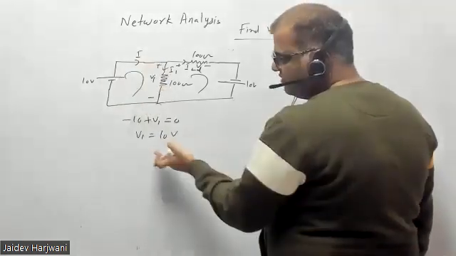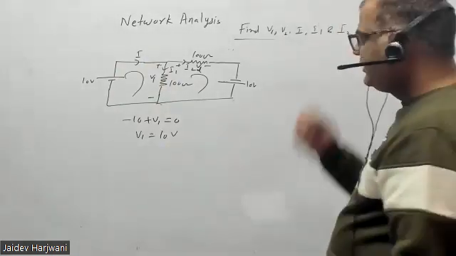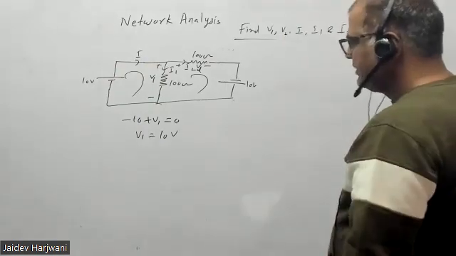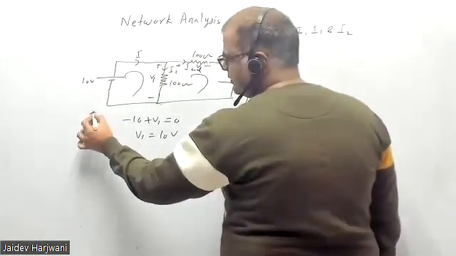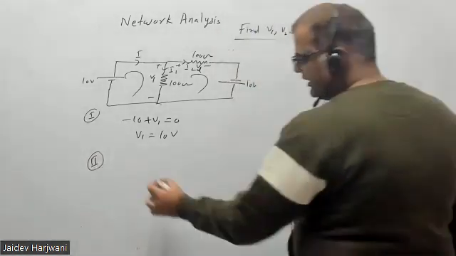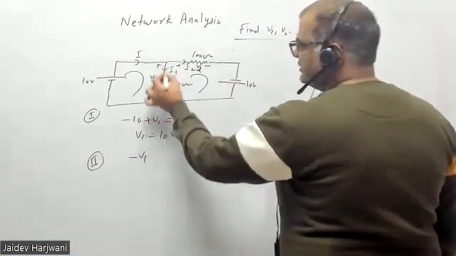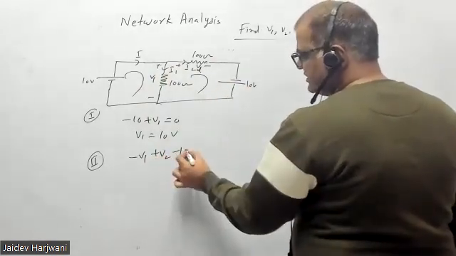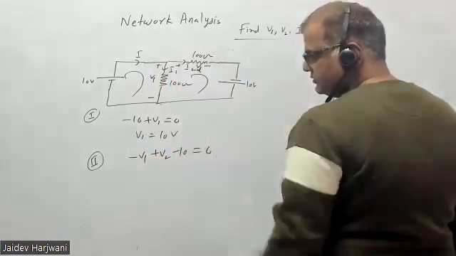Already they are parallel, so V1 should be 10 volt only. Now you know V1. Now come to loop 2. What can you write? Minus V1 plus V2 minus 10 equals 0.